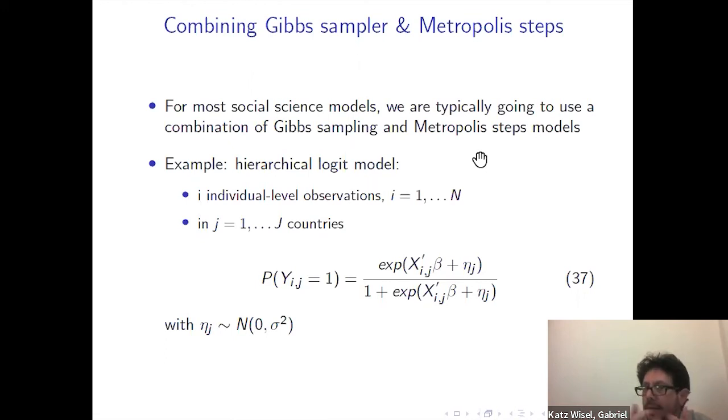Equation 37 gives you the equation for a hierarchical logit model with country-specific random effects drawn from a normal distribution with mean zero and some variance sigma square.